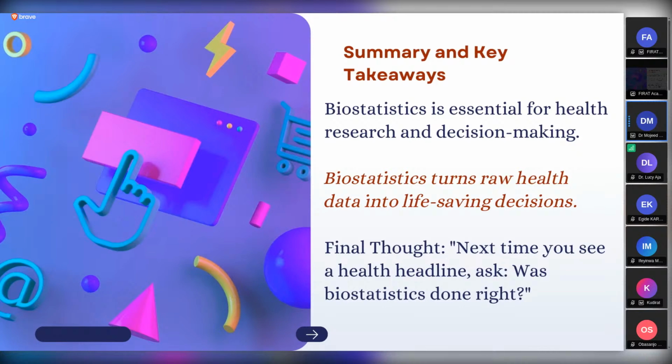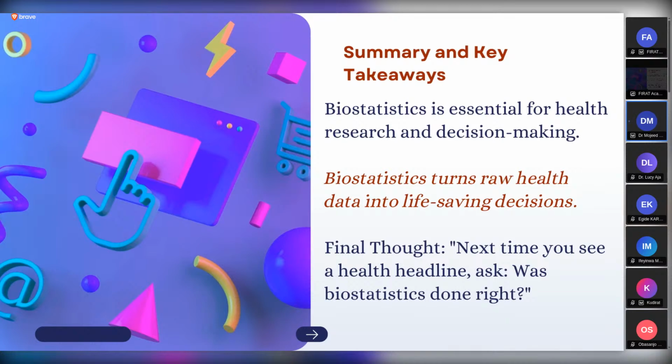Now, the summary is that biostatistics turns raw health data into life-saving decisions. So biostatistics is a veritable tool that will help you in your research to ensure that you get valuable information that can be used for decision making.